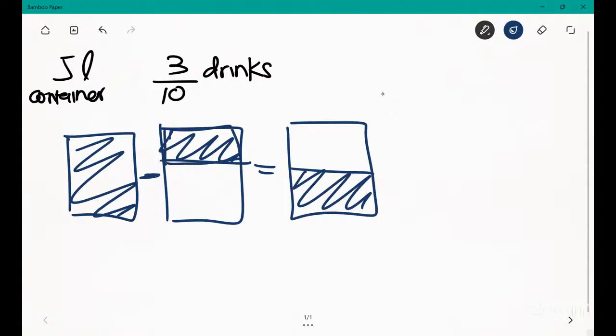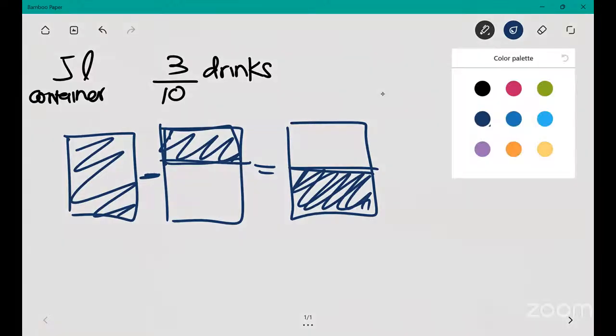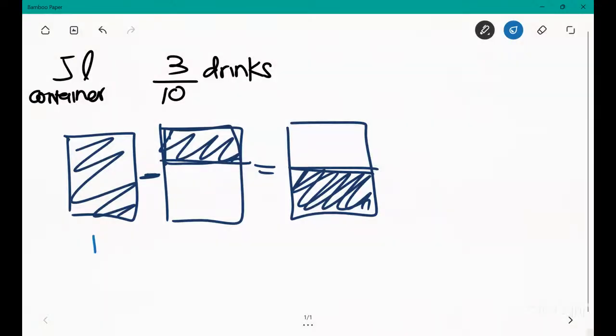So that's minus, and it's equal to the remaining part. That means we have to subtract from the whole. Any whole part, you can refer to as 1. And we're going to subtract the used amount from it. So that's 3/10.